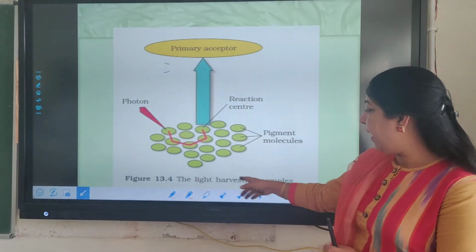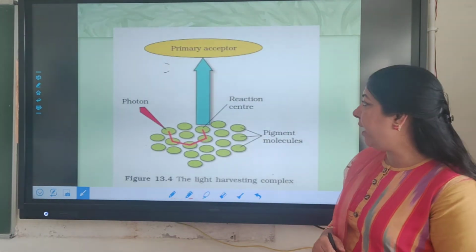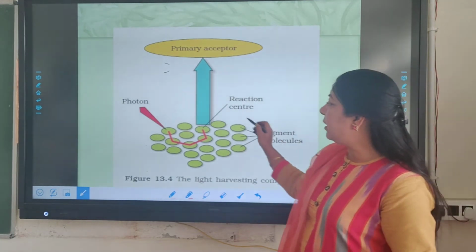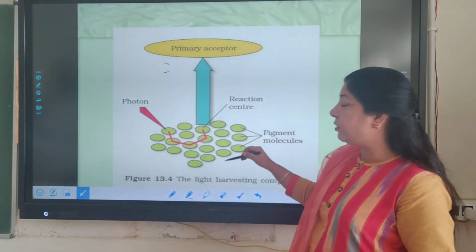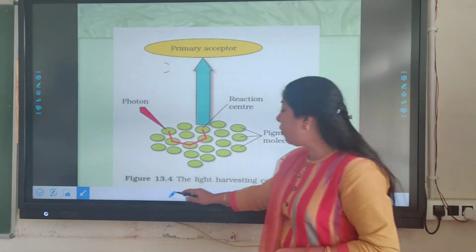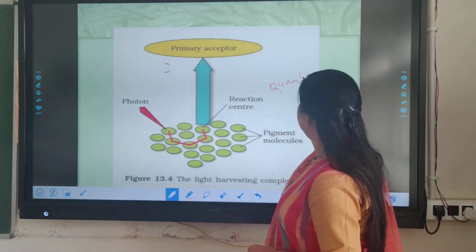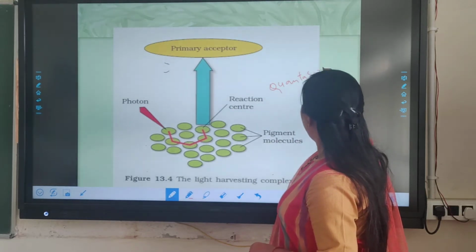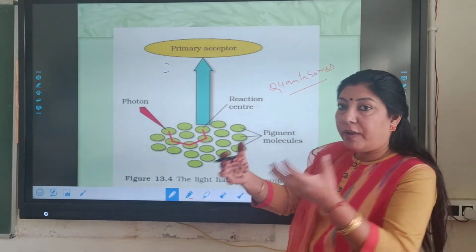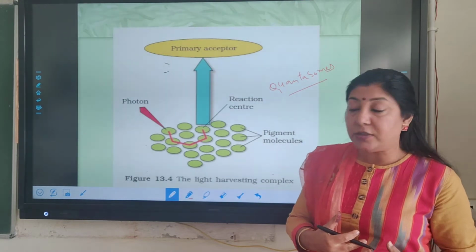This is a structure of a light harvesting complex. The diagram is given in your book. This light harvesting complex is also called the quantasome. Why quantasome? Because it is absorbing the quantum of light.